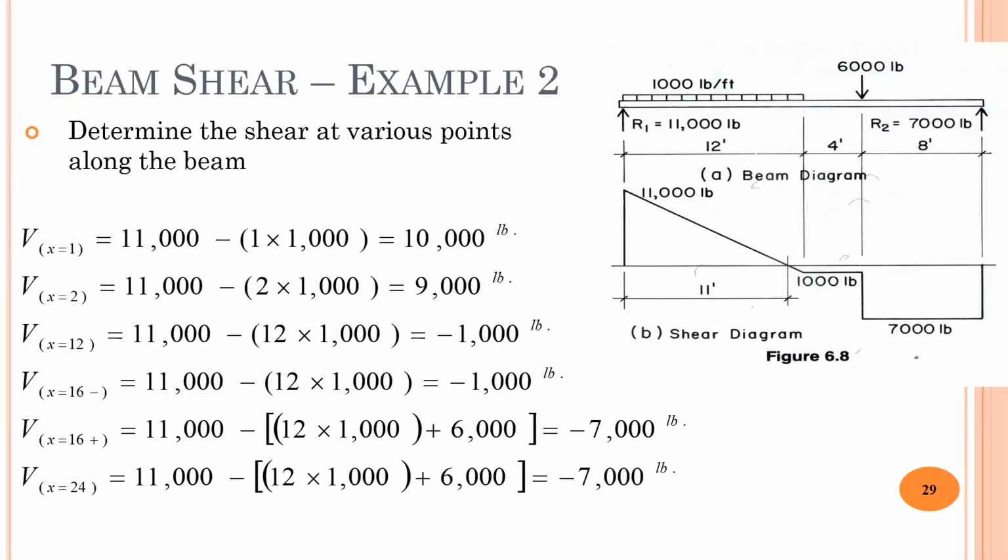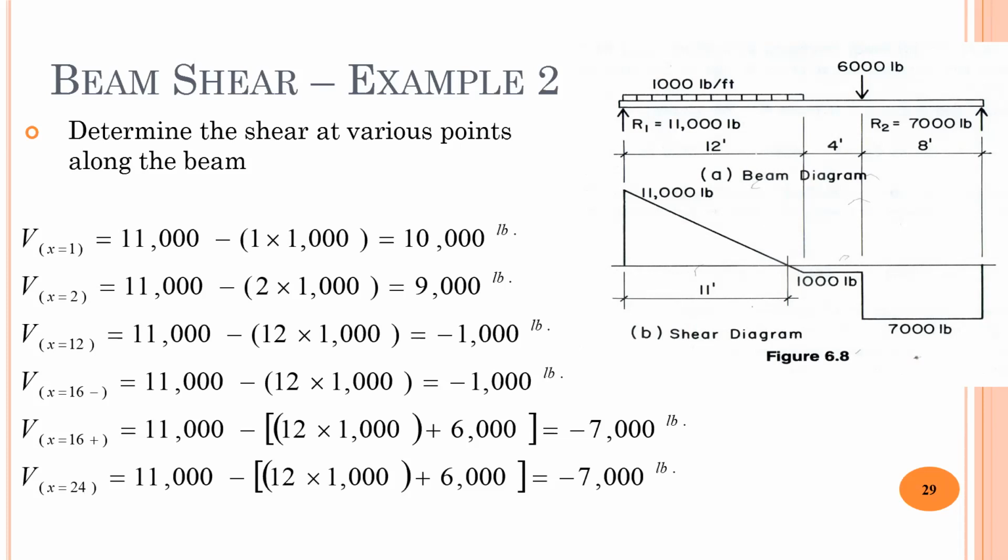Coming down when X equals 1, we have some value here, 1, 2, down to 12. What will be the value? When X equals 1 times 1,000, somewhere right here, it would have been 10,000.